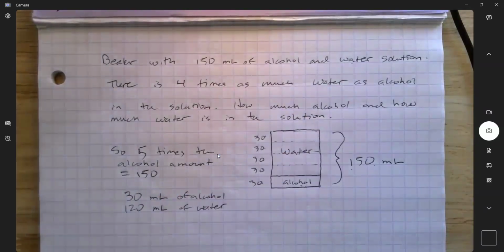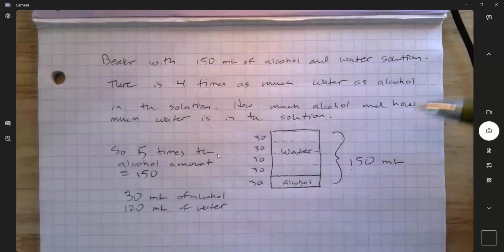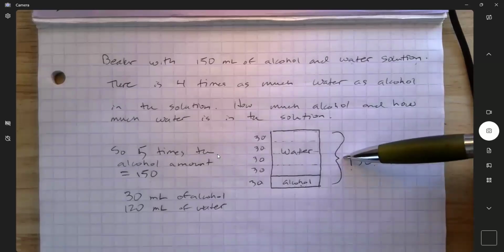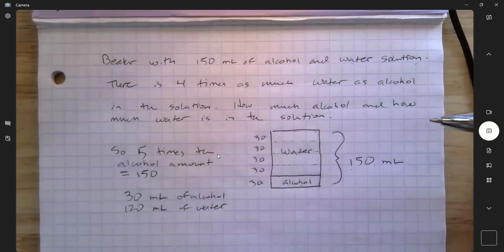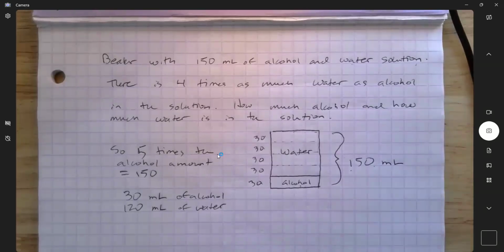So this might be an example of a way to change a verbal representation into a visual one, instead of going directly to the symbols. But let's solve this symbolically as well.